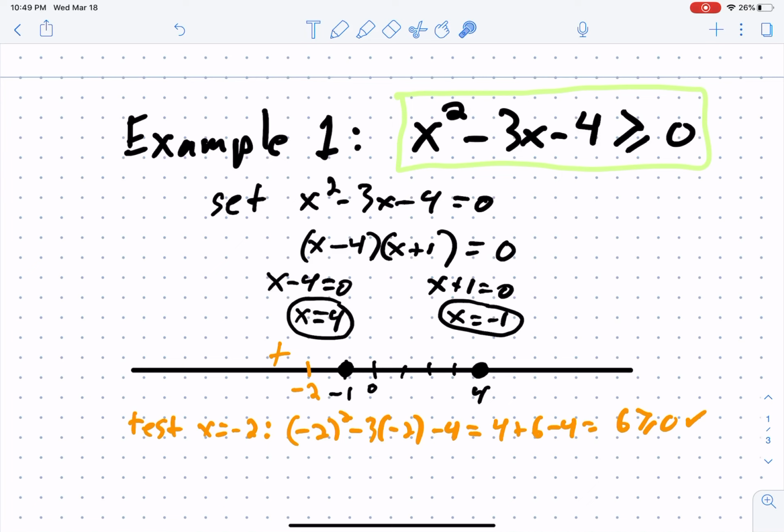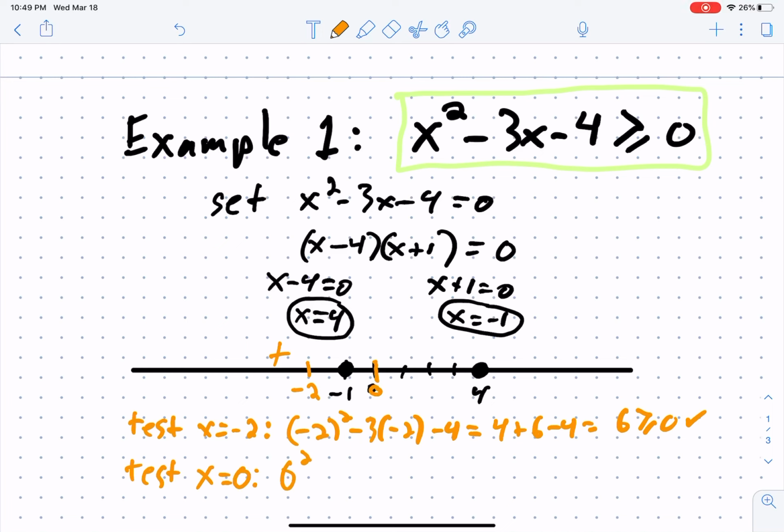All right, the next idea is that we want to check, is it positive or is it negative in here? And we do it the same way, by testing. So let's test x equal, well, what's a good number in there? It can be any number, not the two endpoints, -1 and 4, but any other. I'm going to choose to test x equals 0.